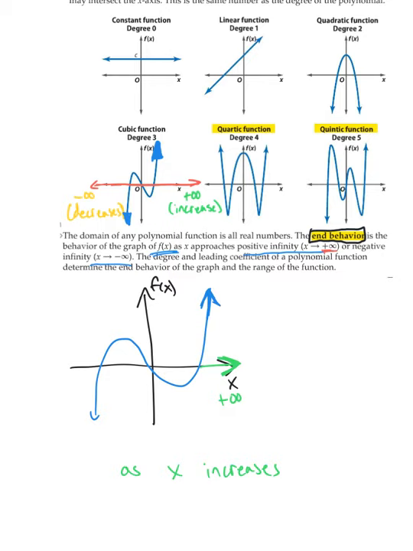Guys, up is increasing. F of x increases. It's going up. It's increasing. It's going towards, as we described it yesterday, positive infinity. This example yesterday, this is what we did at the end of the notes. We would have drawn an arrow and said f of x goes to positive infinity.